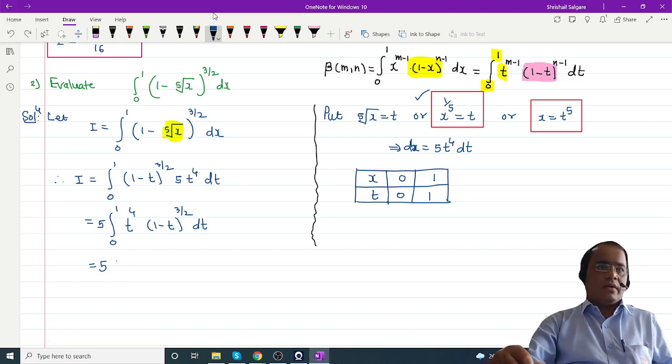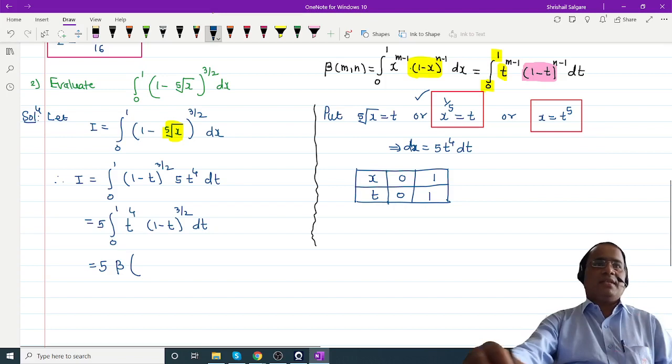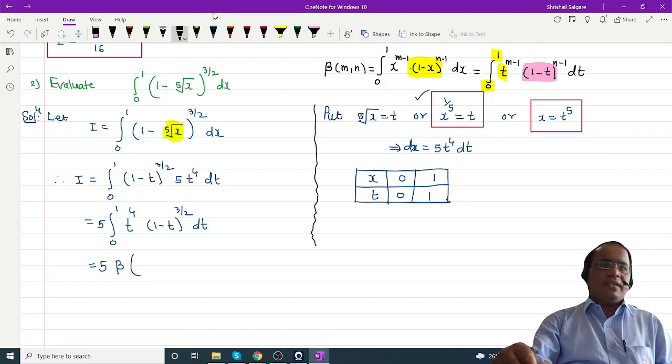Beta of 4 and 3 by 2 plus 1. Okay, so what I require here is t to the power of something minus 1. That's why you have to make the adjustment. So here I will write plus 1 minus 1. And what is the first parameter again? Here also I have to make the adjustment, plus 1 minus 1. So now you correct your answer.